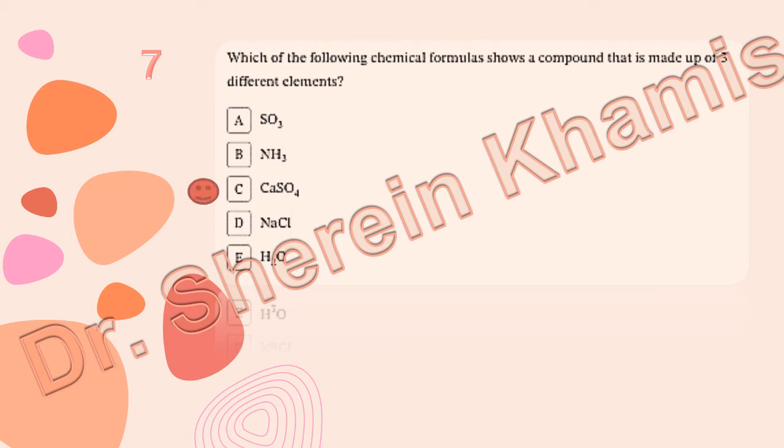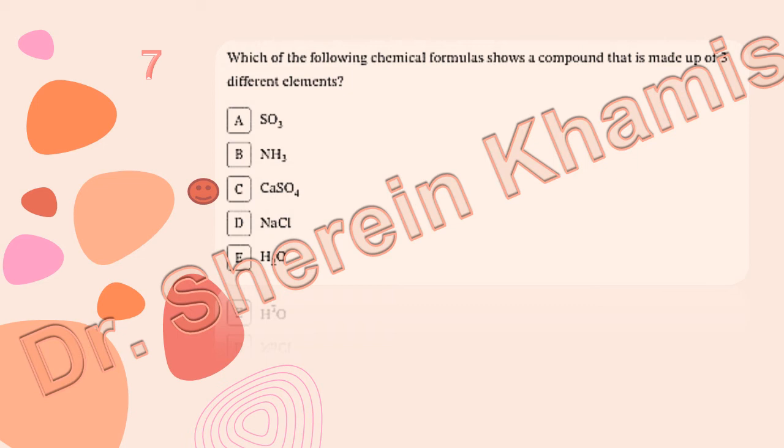We will complete the rest. NaCl, two elements, H2O, two elements. So the right answer will be letter C. We have SO3, sulfur trioxide, NH3, ammonia, CaSO4, calcium sulfate, NaCl, sodium chloride or table salt, and H2O, water.